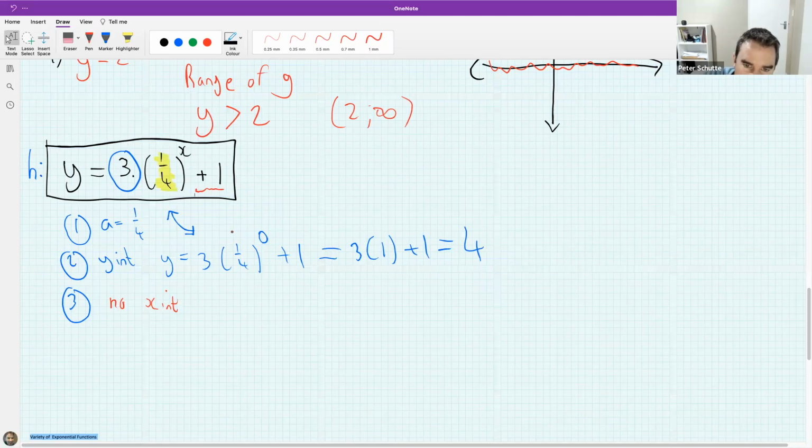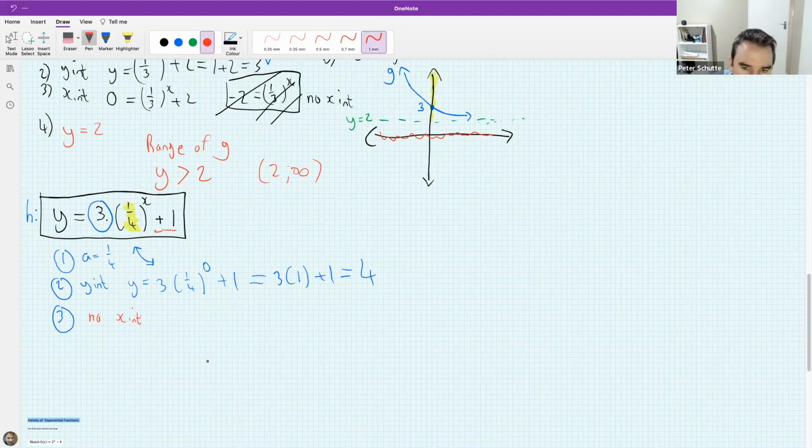The normal exponential graph doesn't cross the x-axis, so if you are then shifting it up by 1, there's also going to be no way it cuts the x-axis, which is the x-intercept. So it is acceptable if you recognize that to write no x-intercept. If not, when your equation doesn't work out, you'll figure it out.